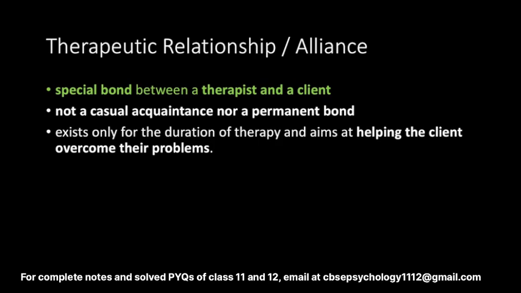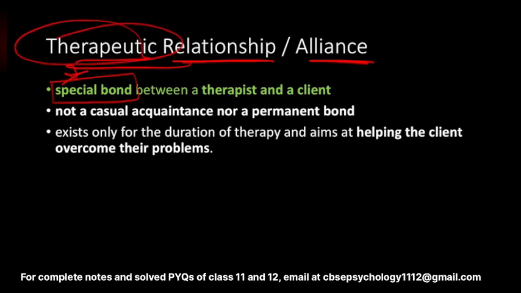Now, what is a therapeutic relationship or alliance? It is a special bond, right? Basically a special bond between, as it is a therapeutic relationship, obviously a therapist and a client. It is not a casual acquaintance, and the therapist isn't a friend. Also, it is not a permanent bond.